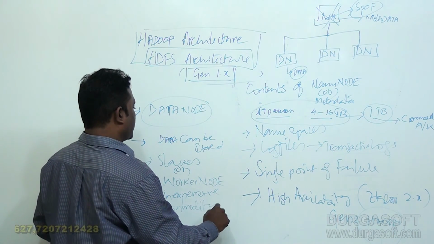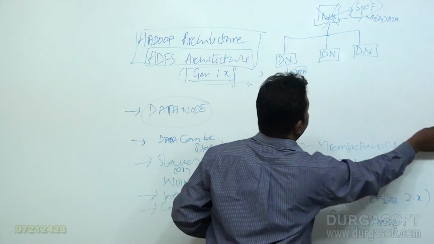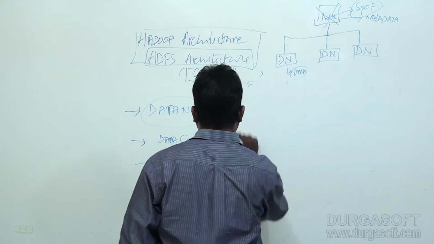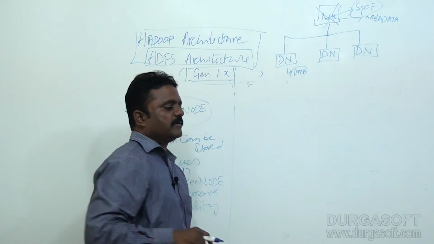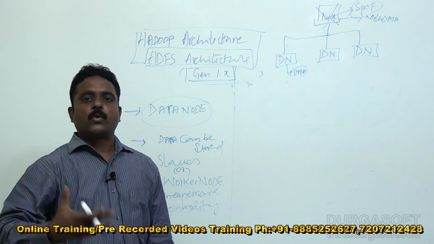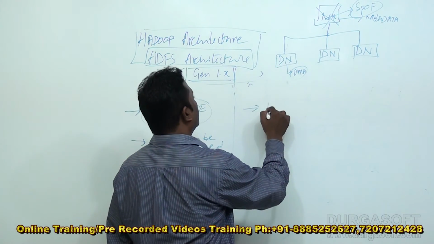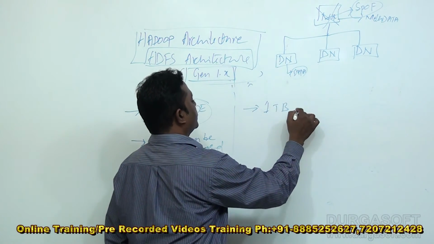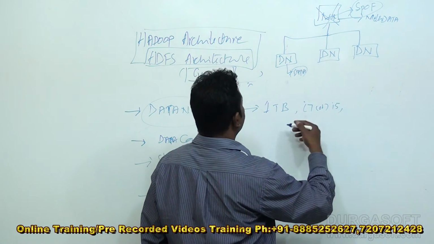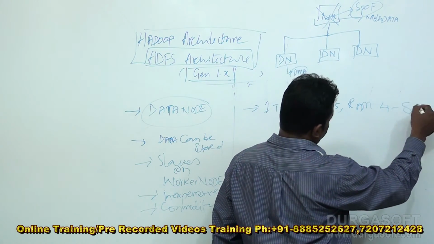When I say commodity hardware, it is not an entirely very cheap, very low-configured system. Commodity hardware can also have a 1 TB hard disk with an i7 or i5 processor and a RAM of 4 to 8 or 16 GB.